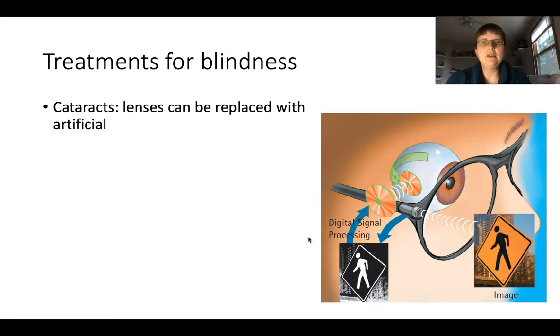Nowadays, this is a fairly easy procedure. I believe they use ultrasound to break up the old lens and basically suck it out. Then they have the artificial lens very tightly folded up, and they inject it into the space where it's supposed to be. When they push it in, it unfolds. If they need to, they can help it out a little bit.